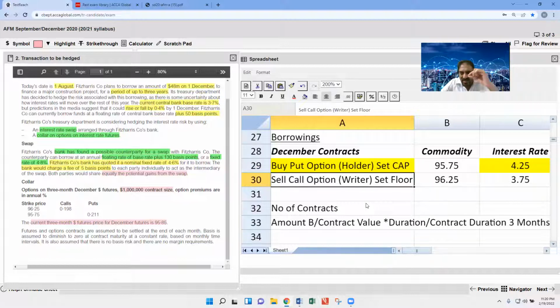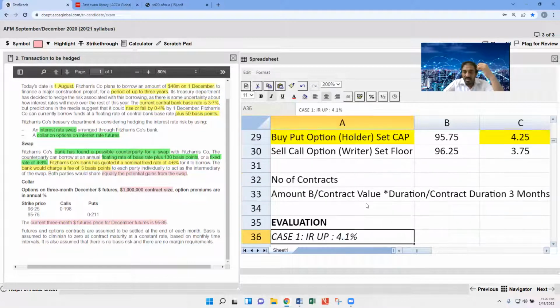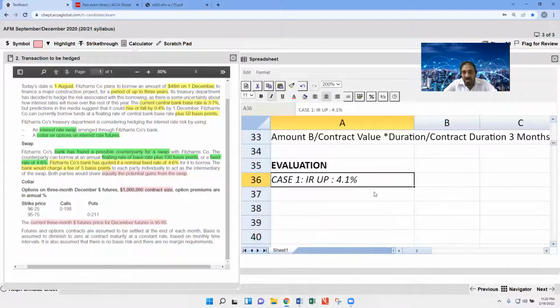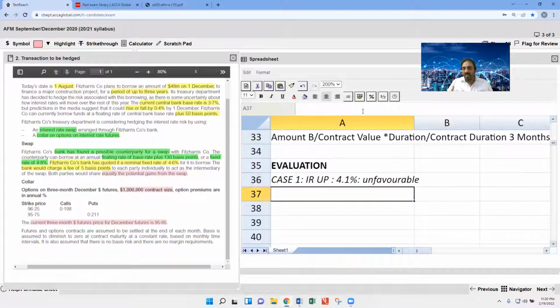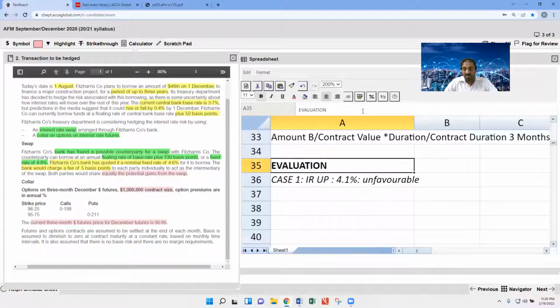And in simple wording, whenever you make a caller, and if the situation is adverse, do reply to me: the situation is, in this case, unfavorable or not. We as a borrower, interest rate will go up. Situation is unfavorable or not? Yes or no? Can you please reply to me?